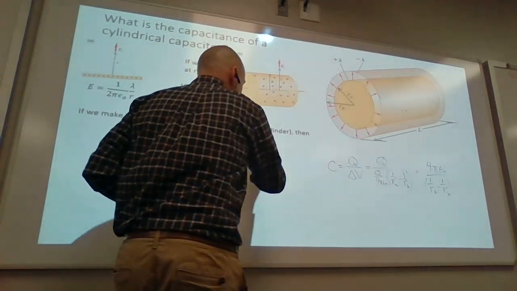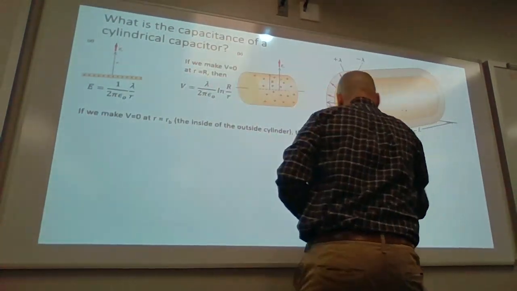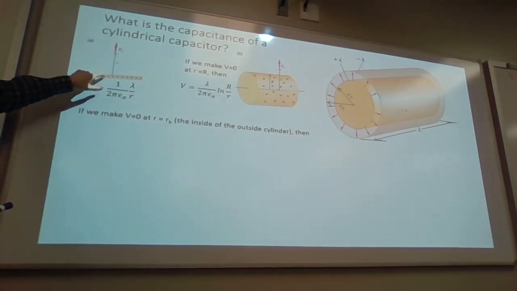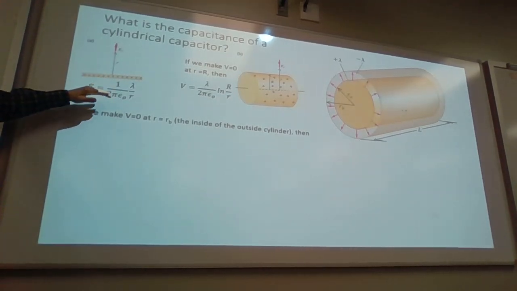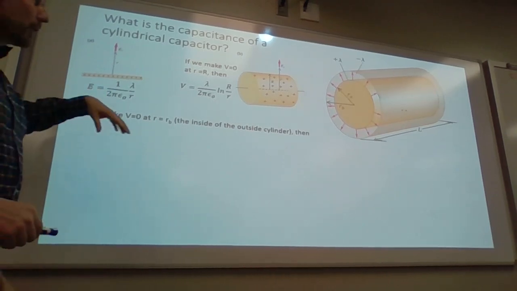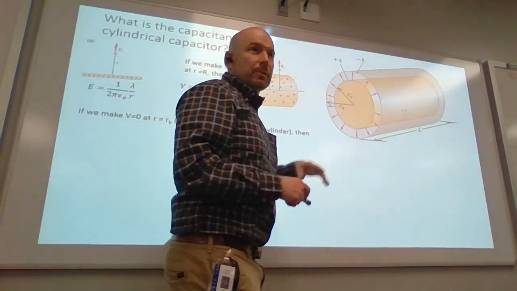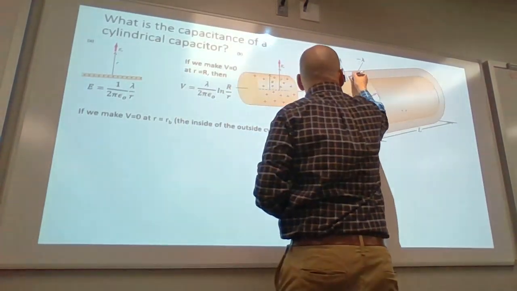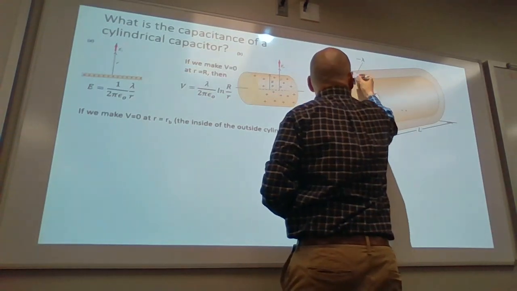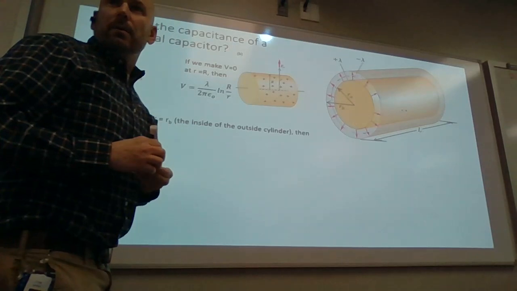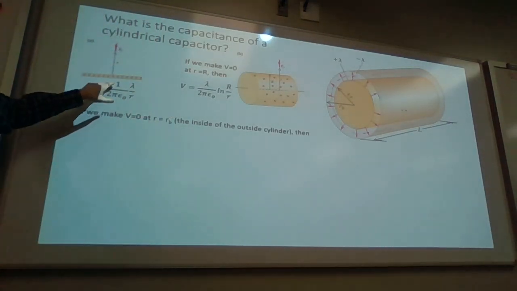So if you have this coaxial cable, we're going to find the strength of the electric field. So they give you this here. This is what the problem is. You're going to do a Gaussian surface for this inner part here, which is what we did here.